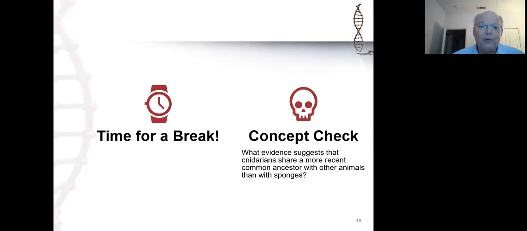They do not have a formal body symmetry. If we were on campus for lab, I could show you some body plans of sponges that are very random. They show no structured body plan. So that's another reason why cnidarians, having a body symmetry, are more closely related to the rest of the animal kingdom than to sponges.